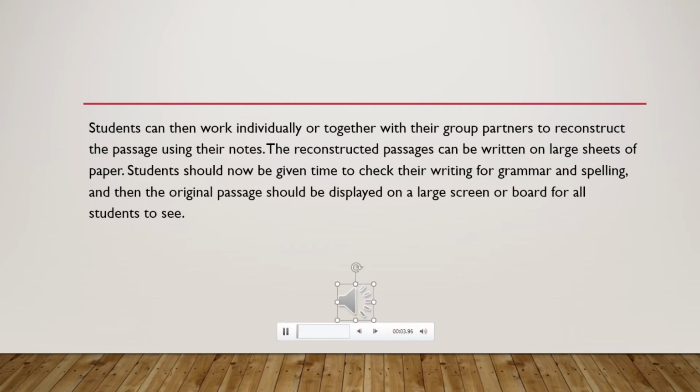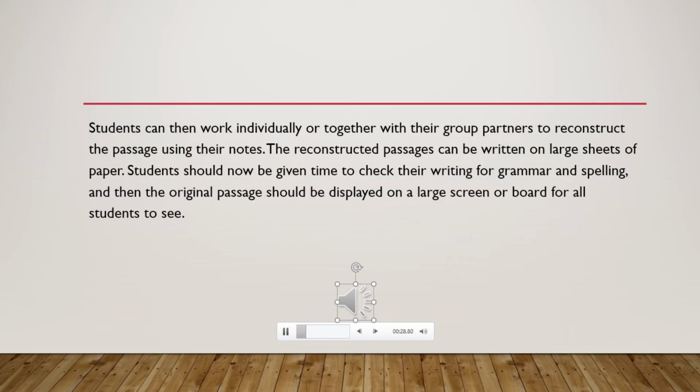So now, after working in pairs and working in groups of four, the students can work either on their own or continue working with their classmates to reconstruct the passage using all these notes that they've collected together and shared with one another.